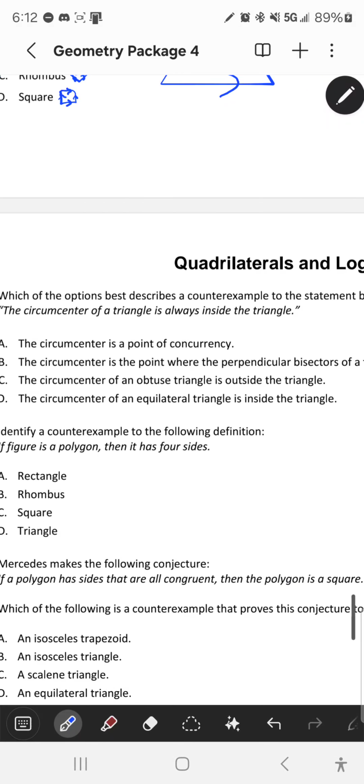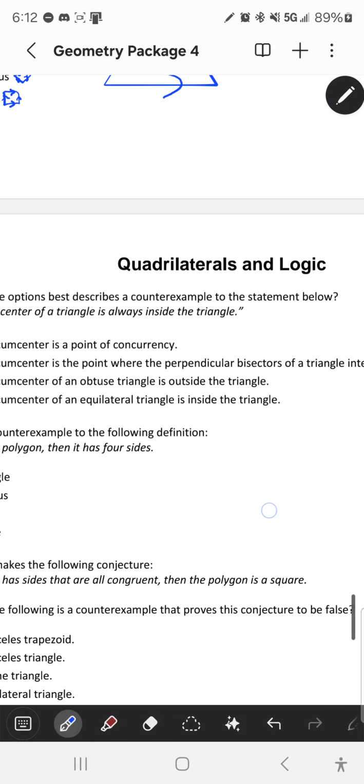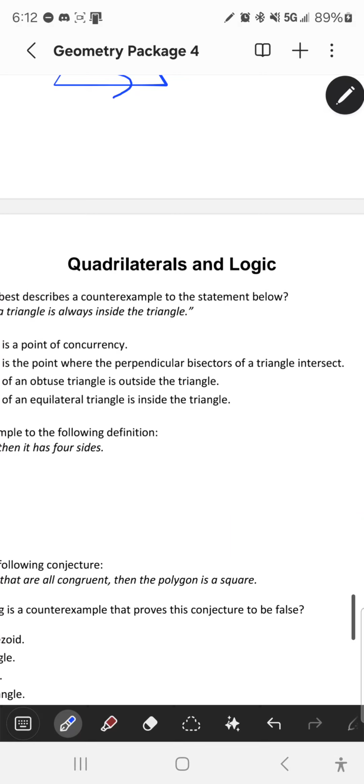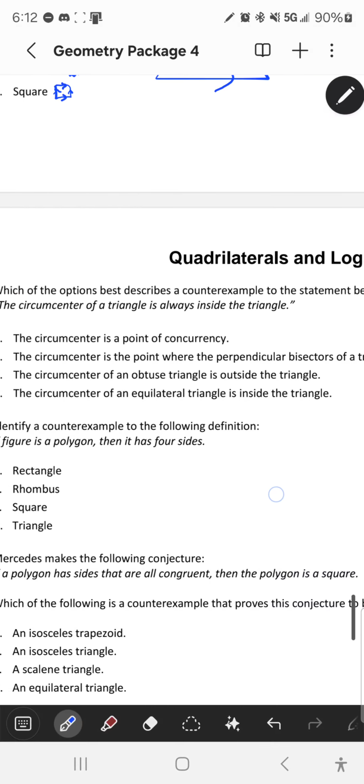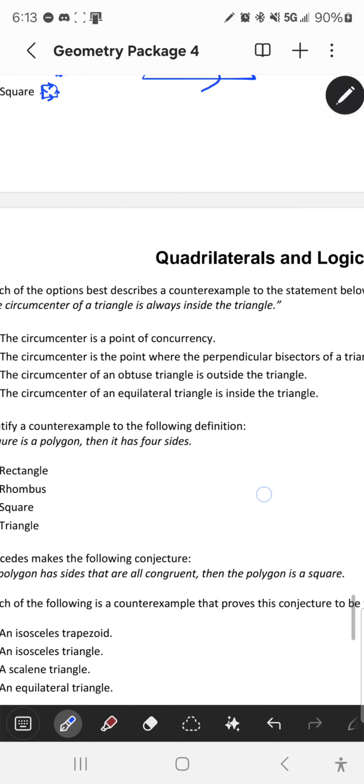So B, the circumcenter is the point where perpendicular bisectors of a triangle intersect. C, the circumcenter of an obtuse triangle is outside the triangle. D, the circumcenter of an equilateral triangle is inside the triangle.